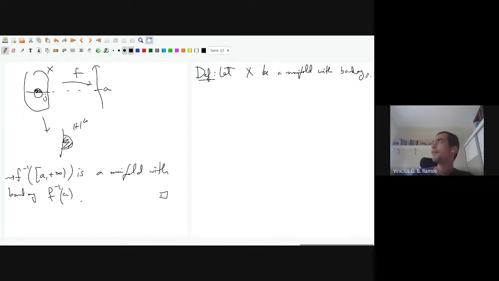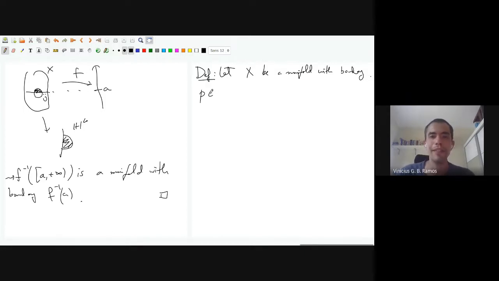As usual, we can define the tangent space using derivations or using curves. It's usually easier to just use curves. But now if we're on the boundary, we can no longer think of a curve as something that goes from minus epsilon to epsilon, centered at a point. So what exactly do we mean?